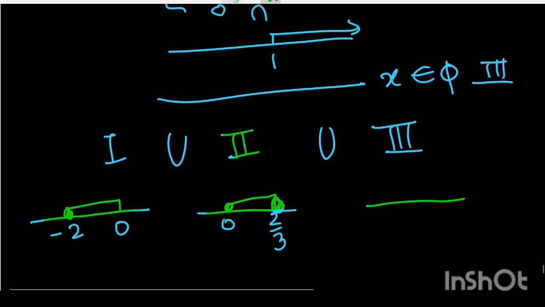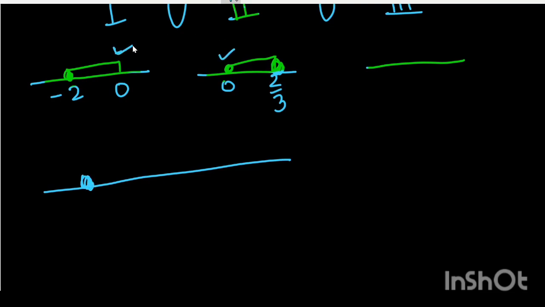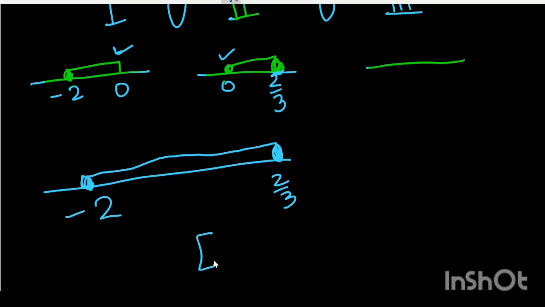So we will take the union of these three cases, guys, and as you can see here, minus 2 to 0 combined, here 0 is not there, here 0 is there, so taking union, 0 will come inside the union and it will be 2 by 3, 2 by 3 included, starting from minus 2 to 2 by 3, both included would be the answer, guys.